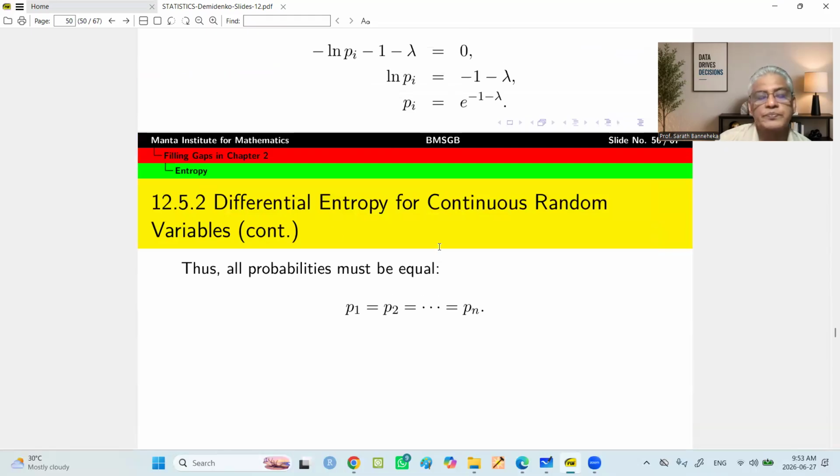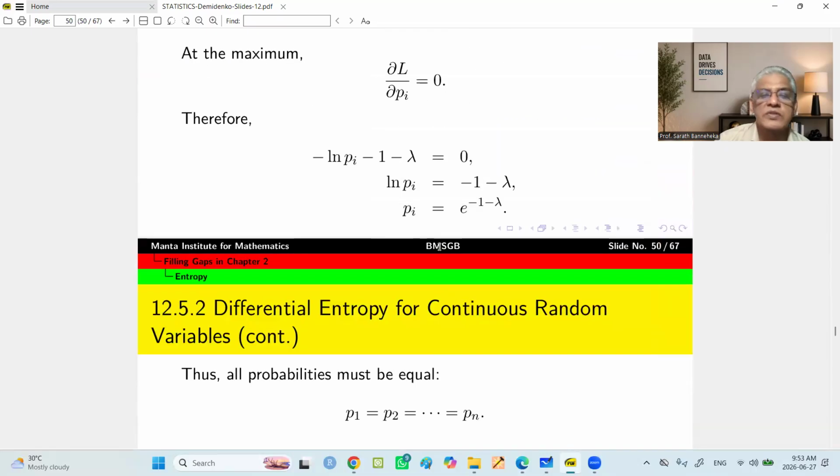Actually, we don't even want to get the exact expression. We only want to show that they all have to be equal, right? So pi is equal to e to the power minus 1 minus lambda. This side is not changing with i. So p1 is equal to this value, p2 is equal to this value, and so on.